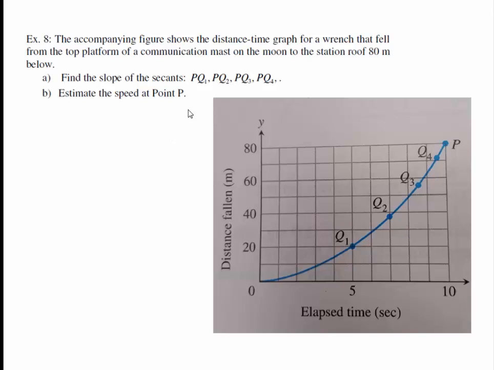So they want us to connect P to Q1. So here's P, here's Q1. I don't have a ruler on this program, so I'll try my best here. So they want us to find that slope from P to Q1. Granted these are going by tens.